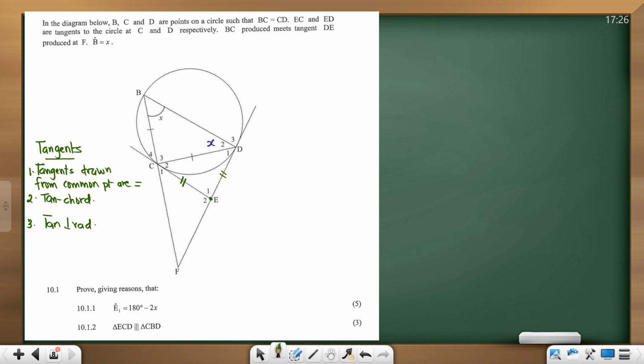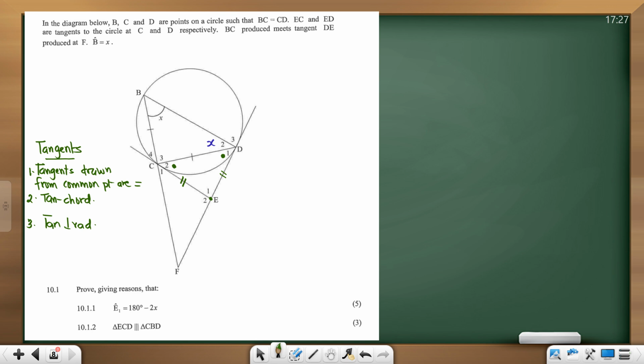Tangents drawn from the same point, which forms an isosceles triangle. It means my C2 is the same as D1.